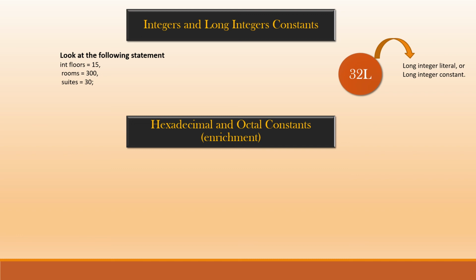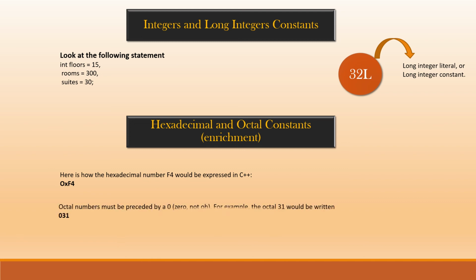You express hexadecimal numbers by placing 0x in front of them. So here is how the hexadecimal number F4 would be expressed in C++. Octal numbers must be preceded by a 0. For example, the octal 31 would be written as 031.